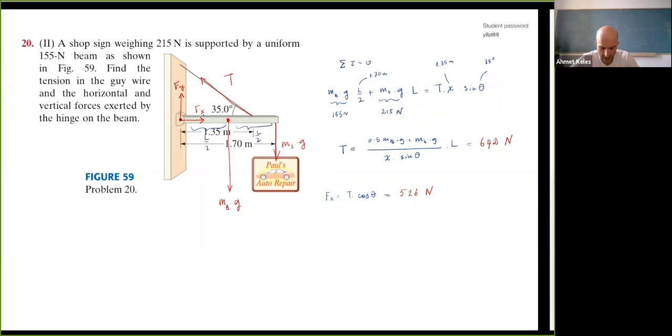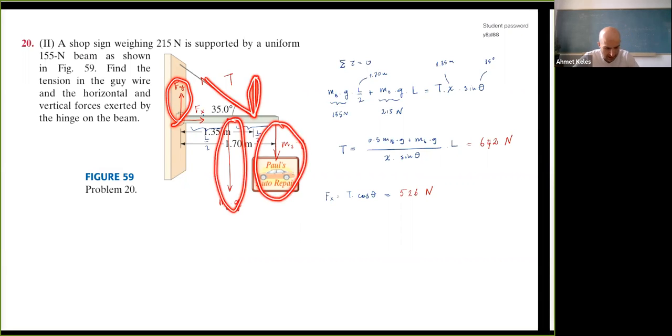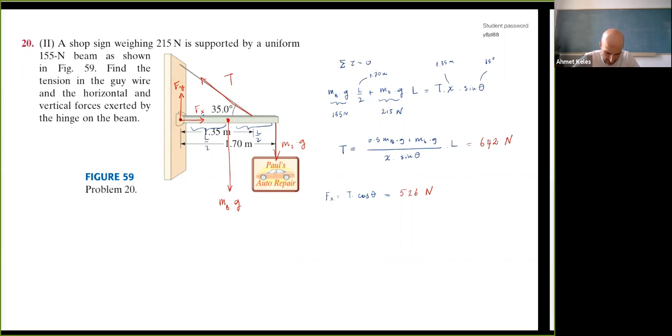And I can do the same thing for the Y component. But now for the Y component, this component plus this component of T should balance this plus this, right? This is basic Newton's law, total force on the system.